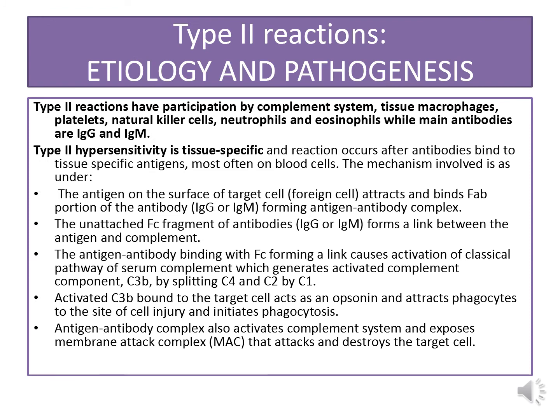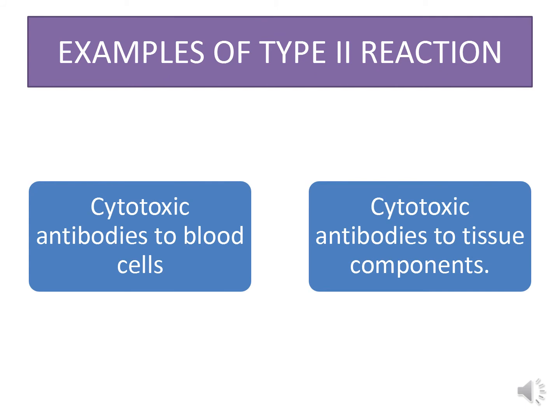Type 2 reactions occur after antibodies bind tissue-specific antigen, most often on blood cells, and various mechanisms are involved. Various kinds of antibody-antigen complex activate the complement system and may attack and destroy the target cells.